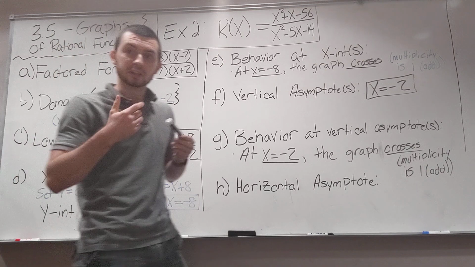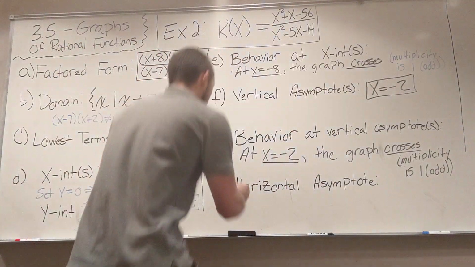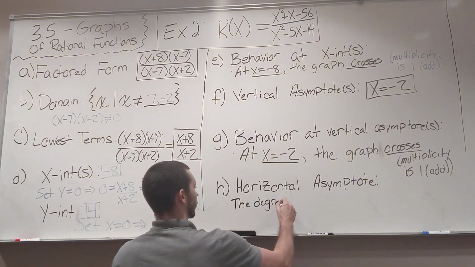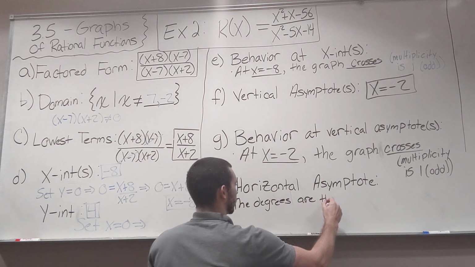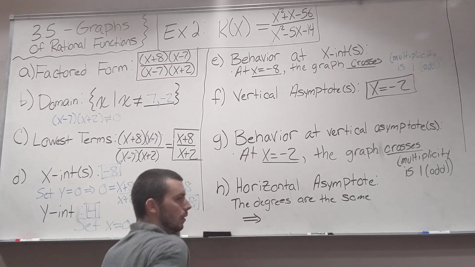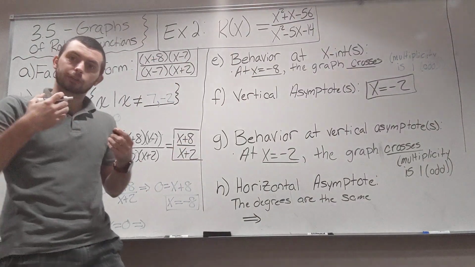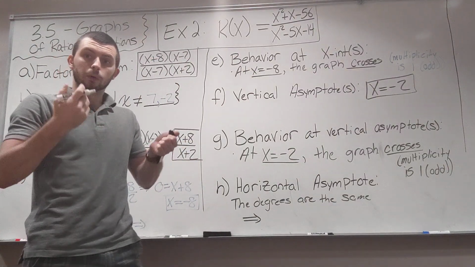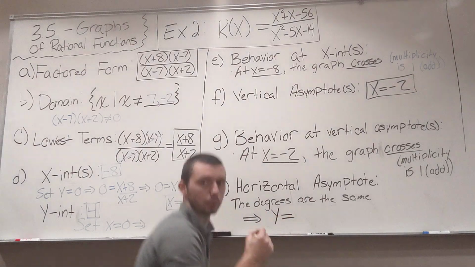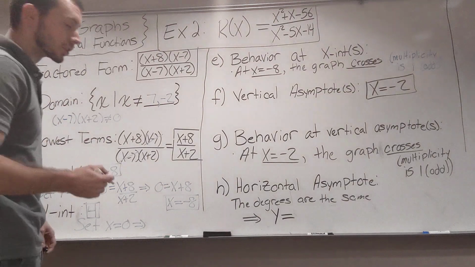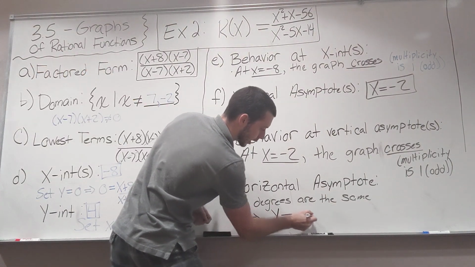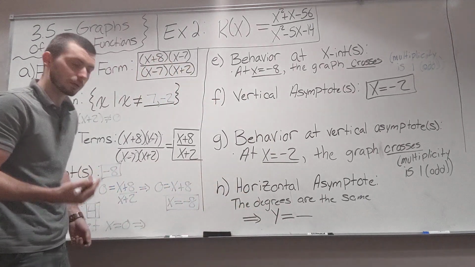So the degrees are the same, which implies, remember from the notes, that our horizontal asymptote will be y is equal to the ratio of the leading coefficients. Ratio just means a fraction, so I'm going to anticipate a fraction of the leading coefficients.